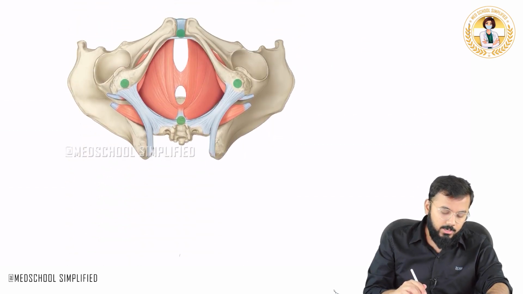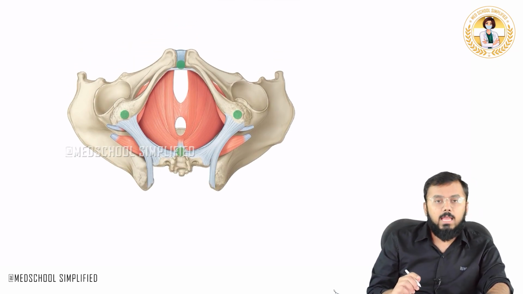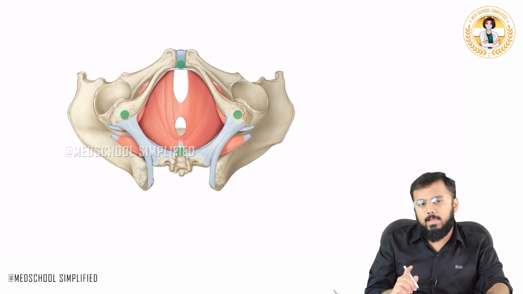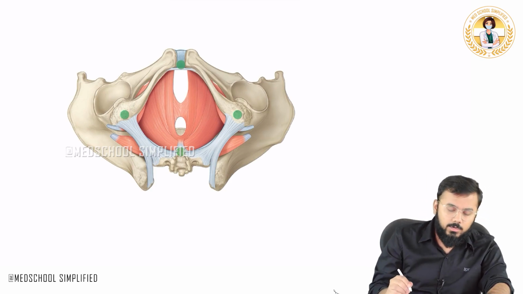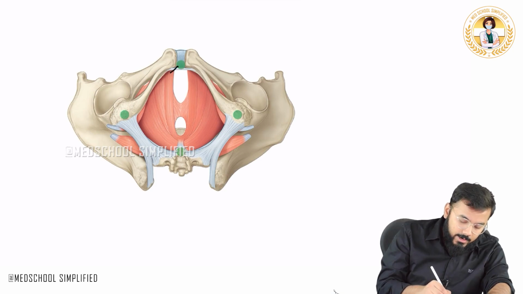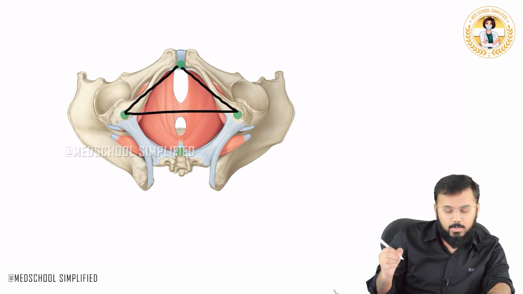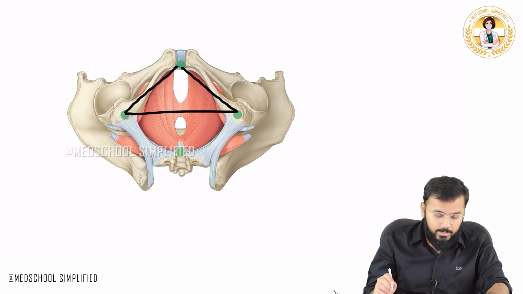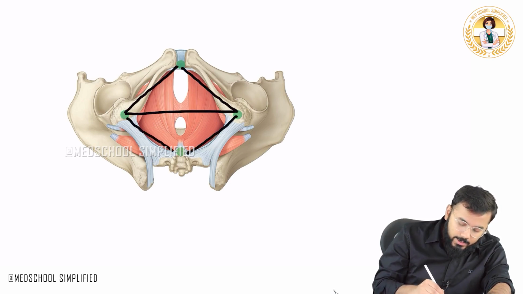In this picture you can very clearly see where the urogenital triangle is and where the anal triangle is. If I join all these points, you will understand clearly.